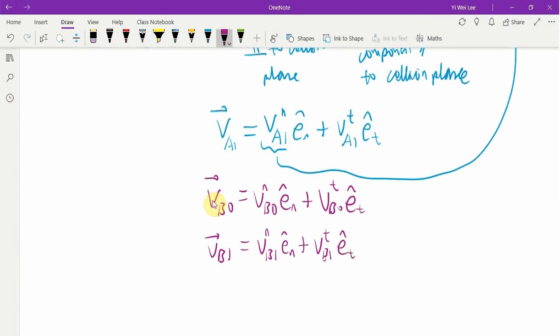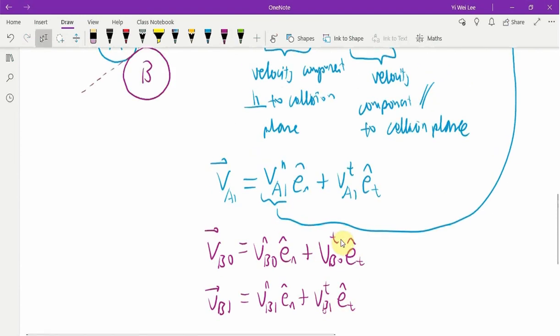Right, so very important. VB0 denotes the velocity of particle B before the collision, and it must be resolved into two directions. One is perpendicular to the collision plane. One is along the collision plane. The velocity after collision must also be resolved into the direction normal to the collision plane, and the direction parallel along the collision plane.